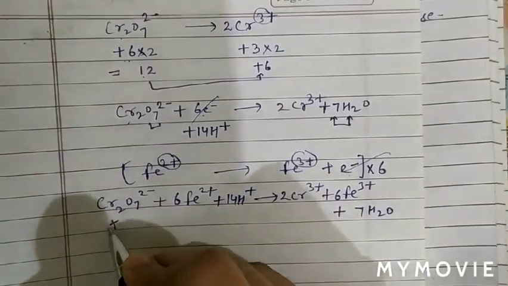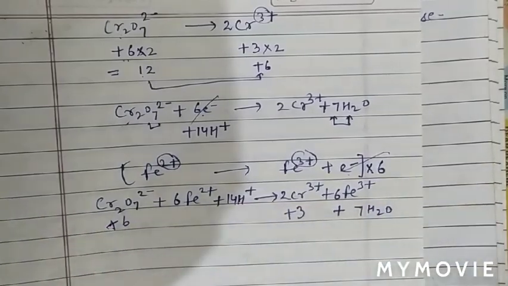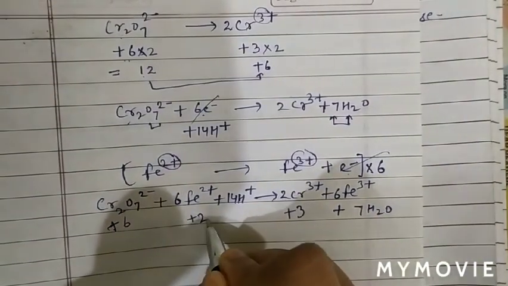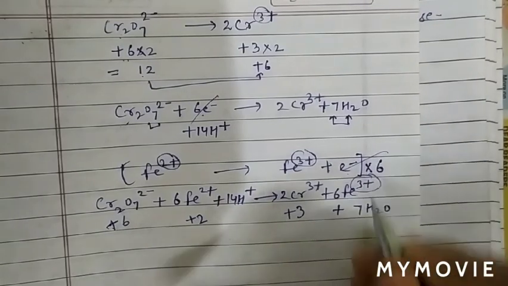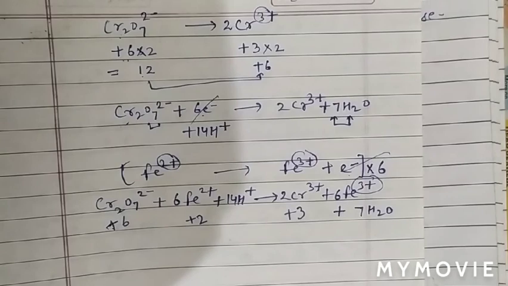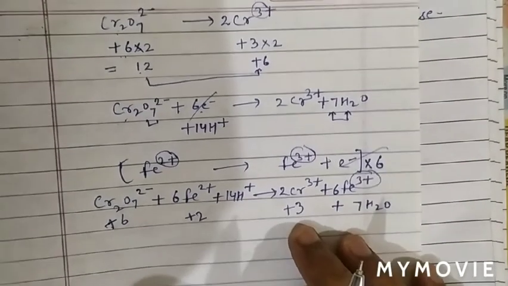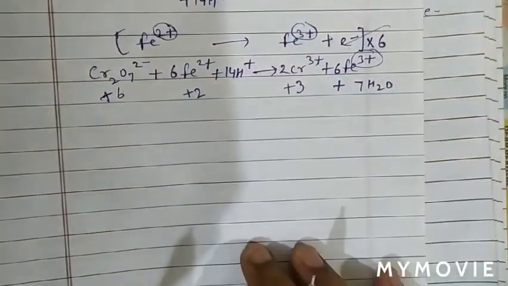Now see the next example. The next example is it oxidizes oxalate ion, which is C2O4 2 negative, into CO2 gas. The half reaction for K2Cr2O7 will remain the same.